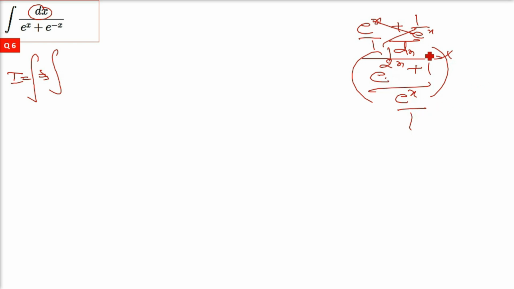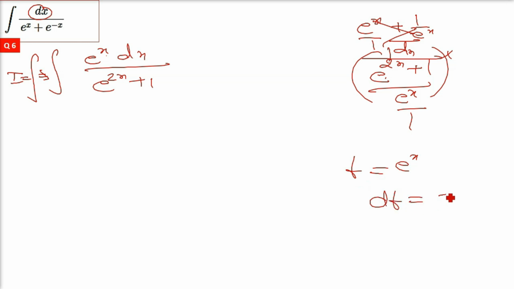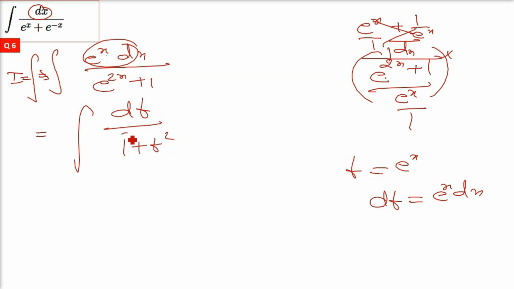So this will go up, e raised x dx, and in the denominator you have e raised 2x plus 1. Just take e raised x equals to t. When we differentiate this, dt by dx will be e raised x, so dt will be e raised x dx. We have got e raised x dx in the numerator, this will be dt. 1 plus e raised 2x will be what? 1 square plus t square.